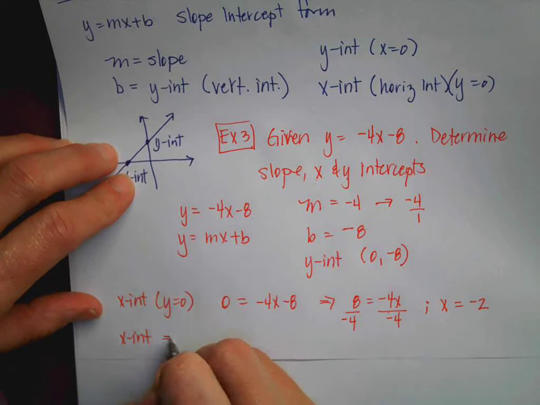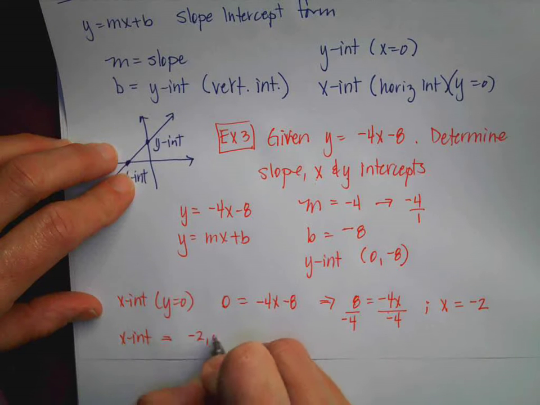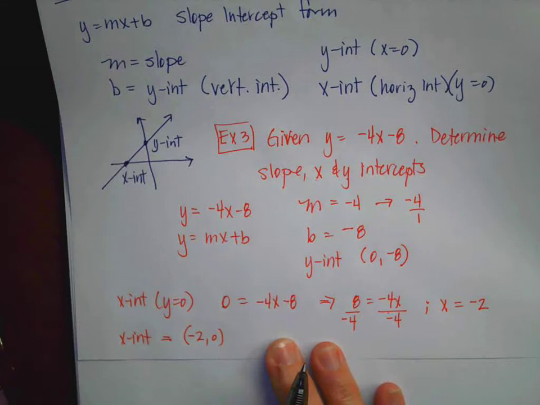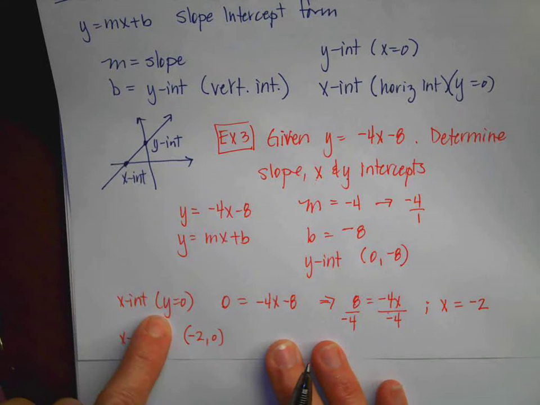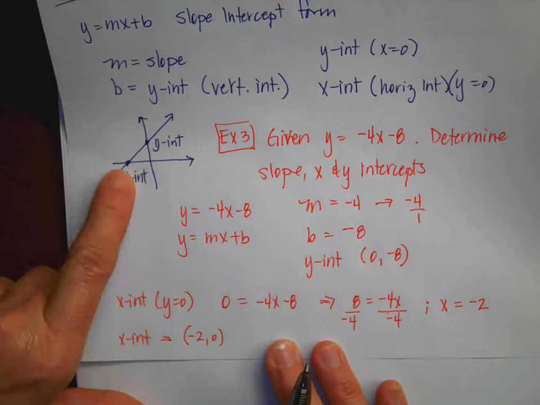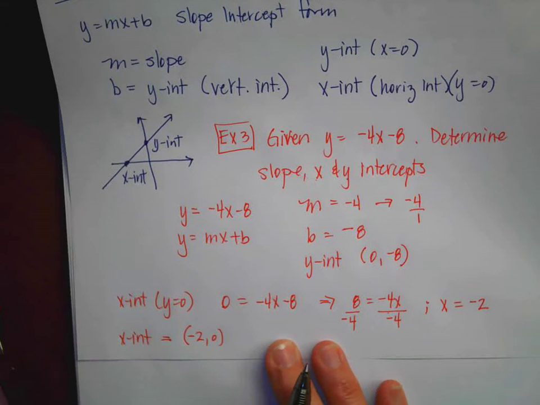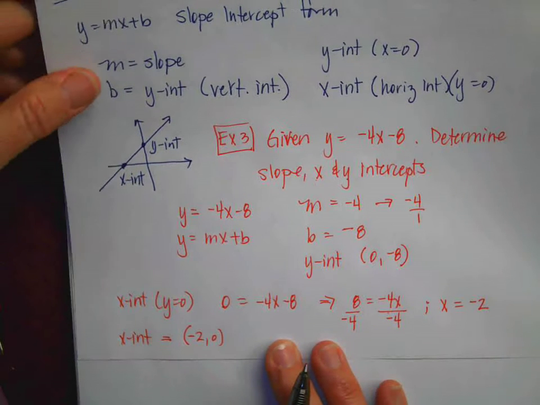So the x-intercept is going to be negative 2 comma 0. When we report x-intercepts, it needs to be in ordered pair notation. And again, I found my x-intercept by letting y equal 0. All right, that was pretty straightforward.